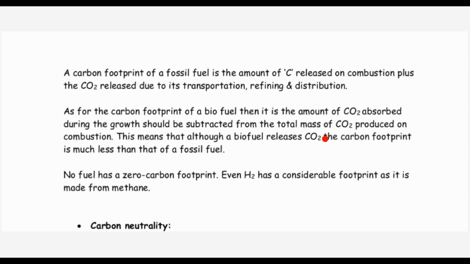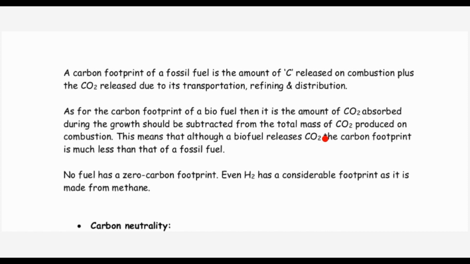Generally, any fuel will have a carbon footprint. There is nothing called a zero carbon footprint. Even if you take firewood as a fuel, that also has a significant footprint, but compared to fossil fuels, much less, because it absorbs carbon dioxide.